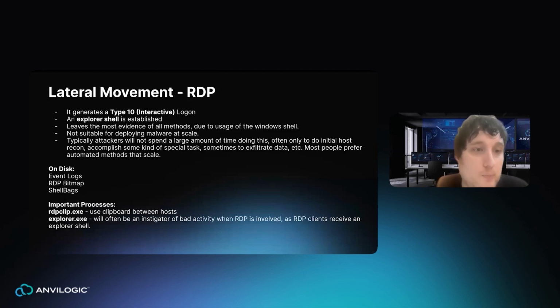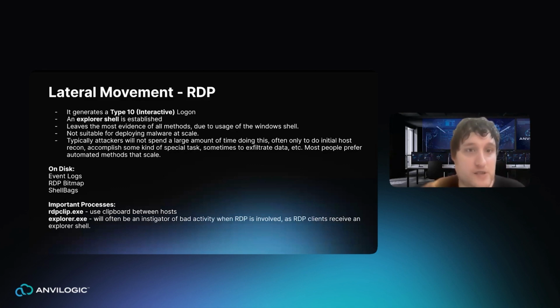There's also an RDP bitmap, which is really interesting. It's not always generated, but when it is, it shows images that the attacker was most likely to see because RDP basically caches some images that it thinks it's going to show constantly, like a certain icon or something like that, just to save bandwidth going over the wire.